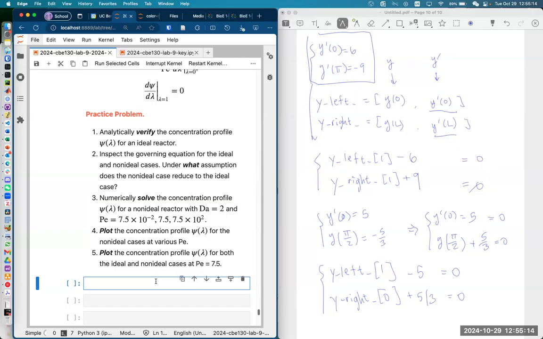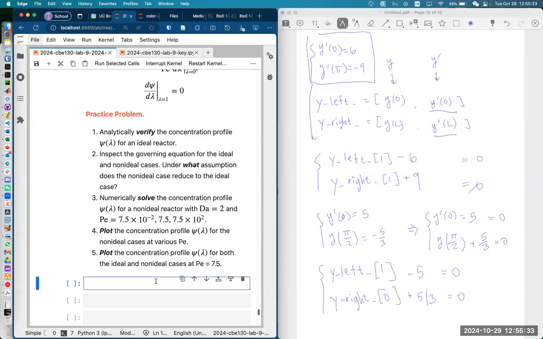You just write one minus something, and you need to index it. The index is dependent on the order.